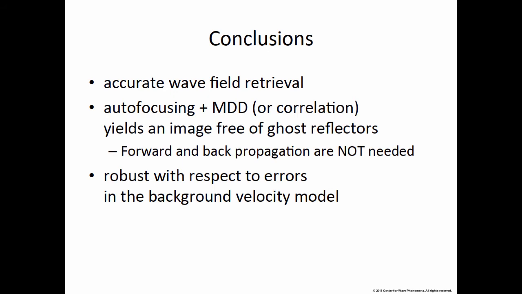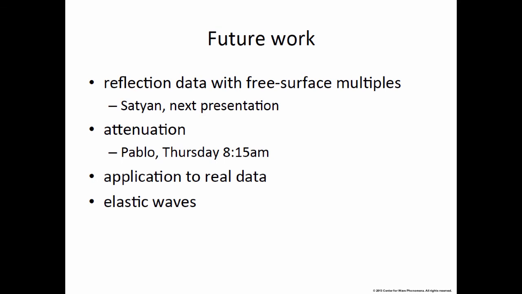Let me remind you that in this process we are not using any forward or back propagation to build an image. And as I showed you with the last slides, this methodology is robust with respect to errors in the background velocity model. Of course, the reflector will still be imaged at the wrong location, but the image will not be affected by internal multiples.